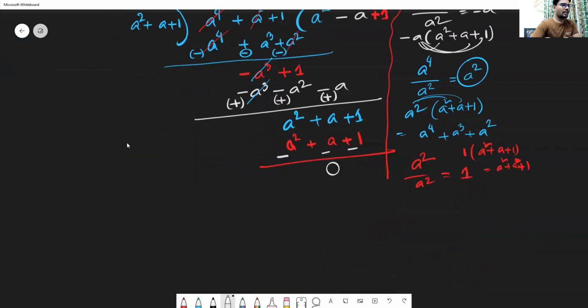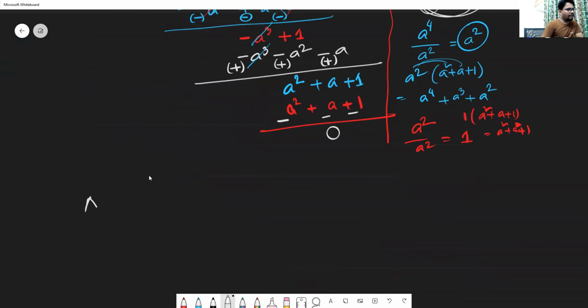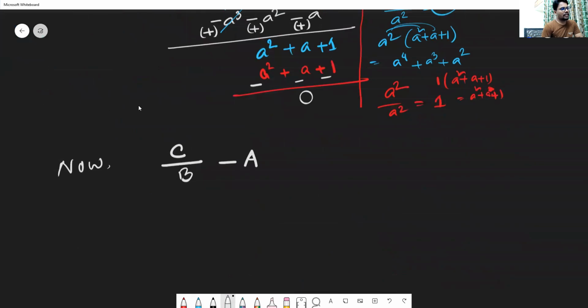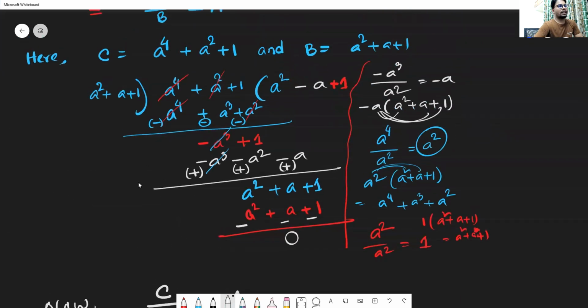1. Now finally, according to the question, c divided by b minus a. Here c divided by b, their result is a square minus a plus 1. Okay, let's review again. c divided by b and the result is a square minus a plus 1.